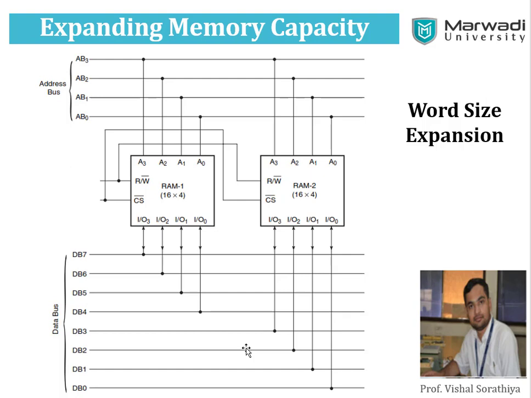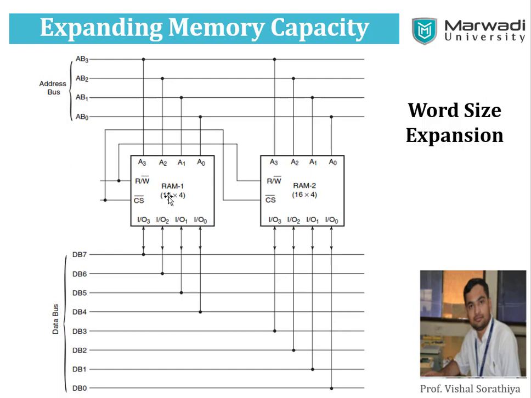If you want to increase that, previously it could access only 4 bits of data, but if you want to expand from 4 bit to 8 bit, then this is the first expanding memory capacity example, in which we can use word size expansion from this one chip. So we have RAM 1 and RAM 2.